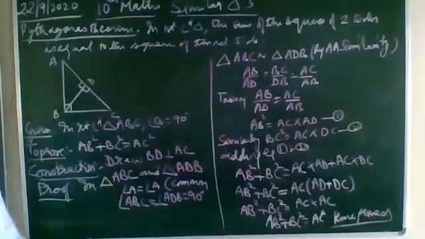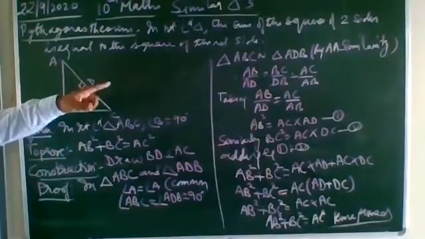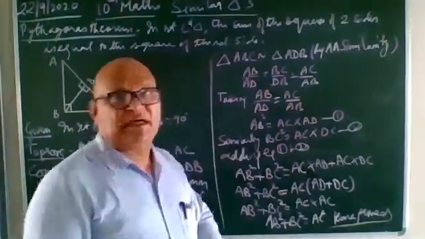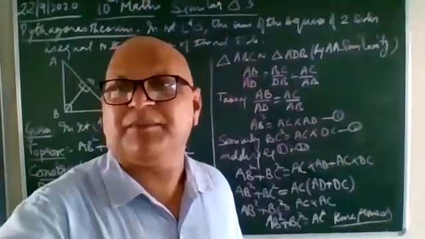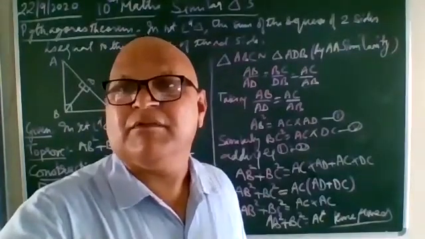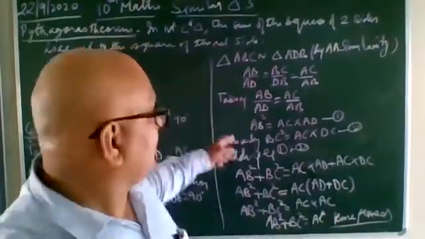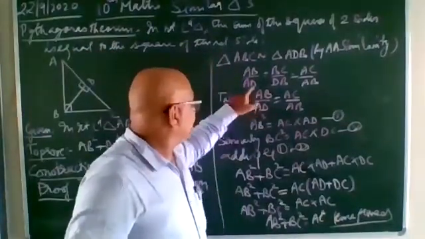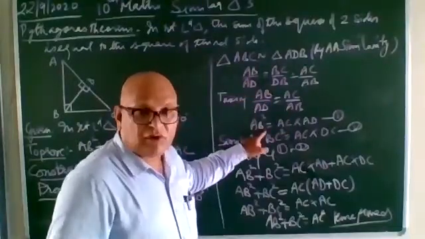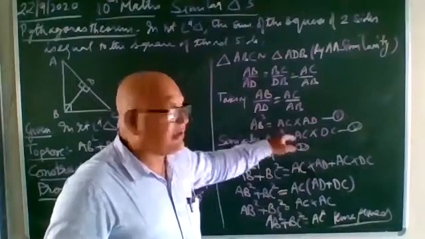Angle A equal to angle A common. Angle ABC and angle ADB equal to 90 degree. So triangle ABC and triangle ADB are similar by AA similarity. When two triangles are similar, sides are in proportion. AB upon AD equal to AC upon AB. Cross multiply. You will get AB square equal to AC into AD.